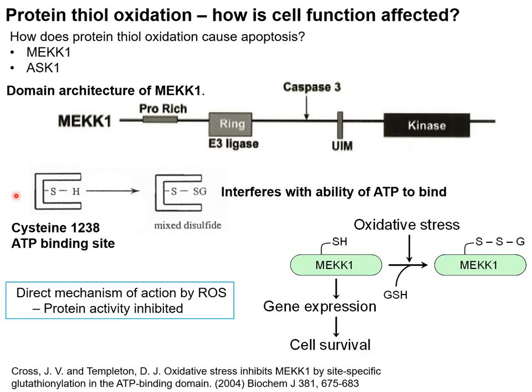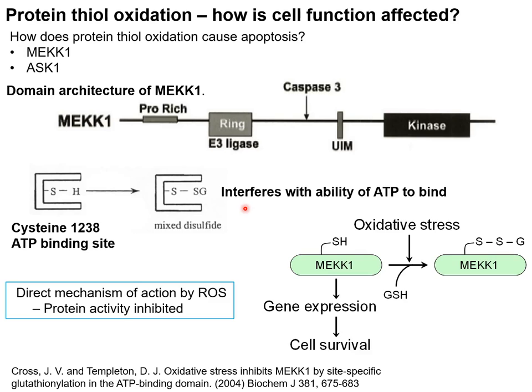In that ATP binding site, there's a cysteine residue, or cysteine 1238, in the binding site. If a mixed disulfide bond forms, so in other words that thiol group is sensitive to oxidation, if we get the formation of a mixed disulfide, then that interferes with the ability of ATP to bind.